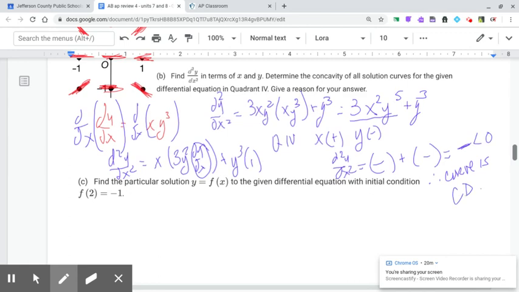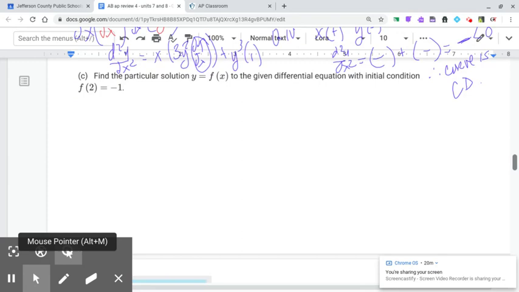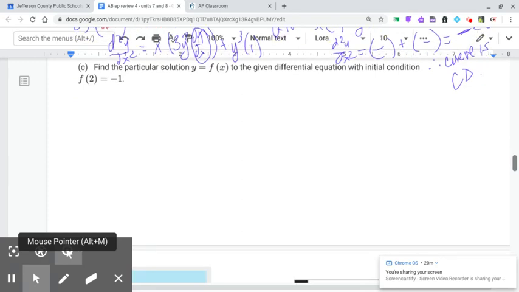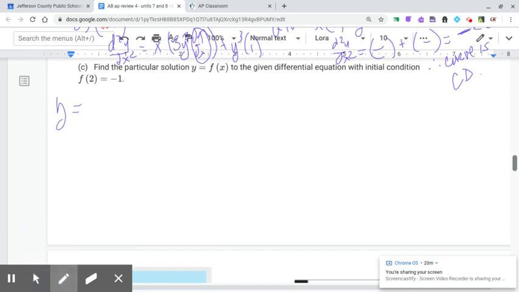Okay, and then finally, question C. All right, question C. My answer was y is negative 1 over root 5 minus x squared. Did you get it?